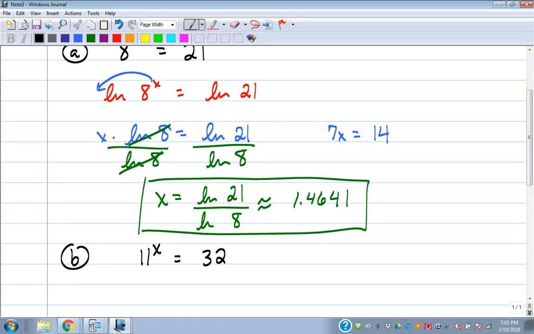11 to the x equals 32. It's a very similar problem. What do we do to solve this one? Take the natural log of both sides. What happens to the x? Drops to the front.